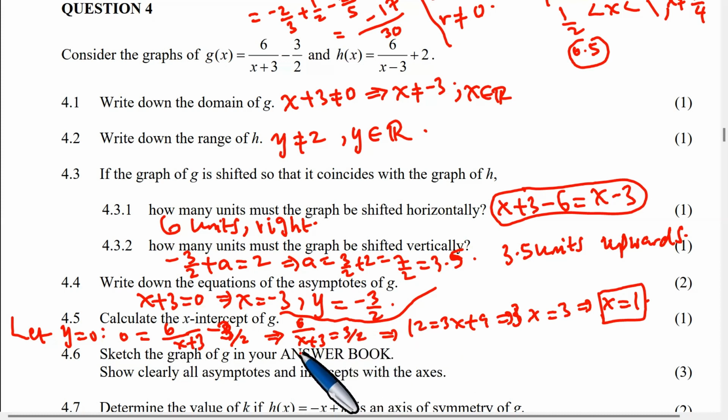And then 3 into x plus 3: 3 times x is 3x, and 3 times 3 is 9. And then we transpose the terms, which means 12 minus 9. What is 12 minus 9? 3 equals 3x. We can divide both left and right by the number 3. 3 divided by 3 is 1.